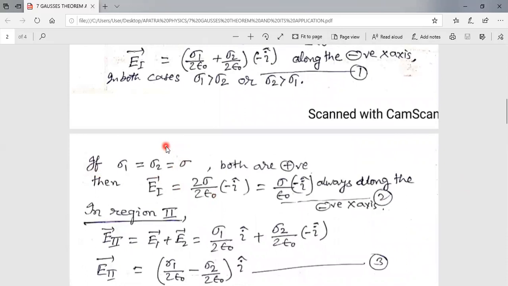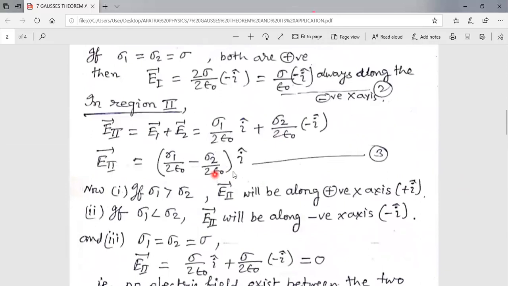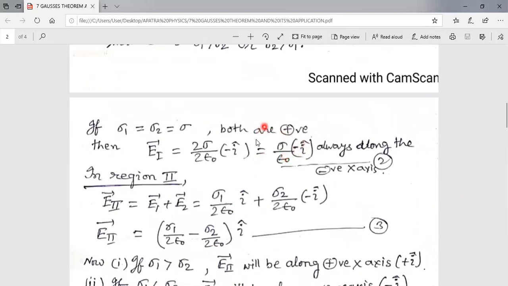Now one special case. If sigma 1 equals sigma 2 equals sigma, that means the charge densities are the same in both charge sheets and both are positive, so E1 and E2 will be equal. When we add them, we get 2 sigma divided by 2 epsilon naught, that is sigma divided by epsilon naught, the whole multiplied by minus i cap.